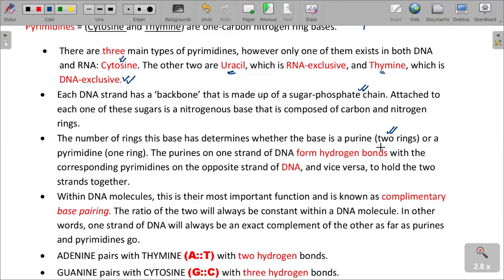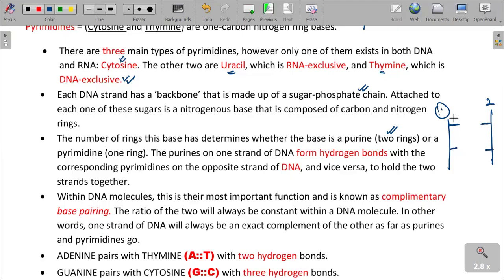In other words, we can have strand one and another strand, strand two. Say one strand has a purine, and on the other side, the other strand has a base there.